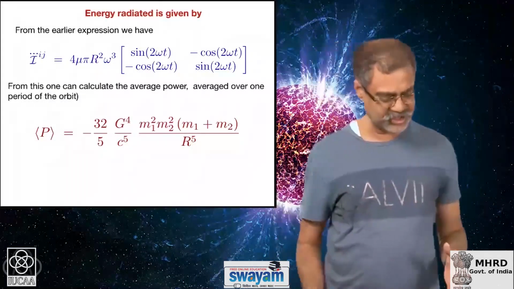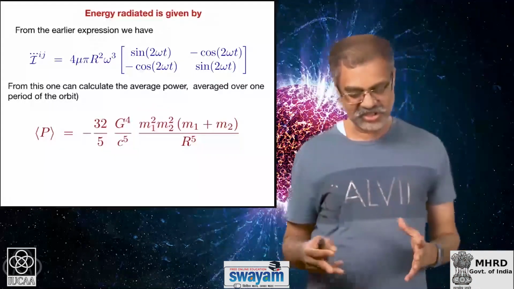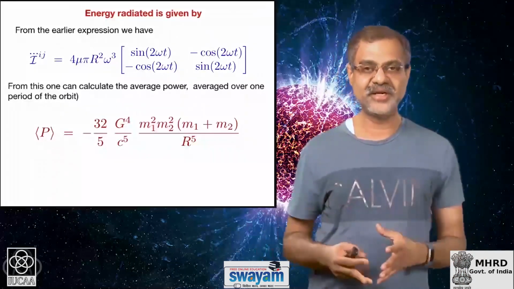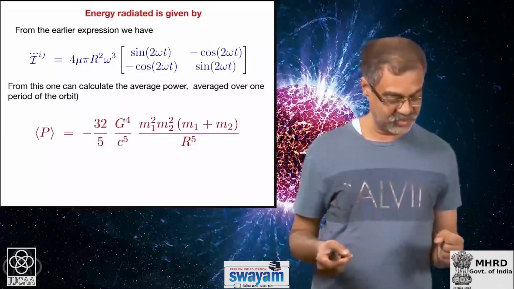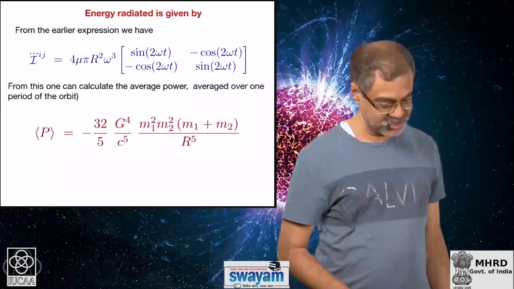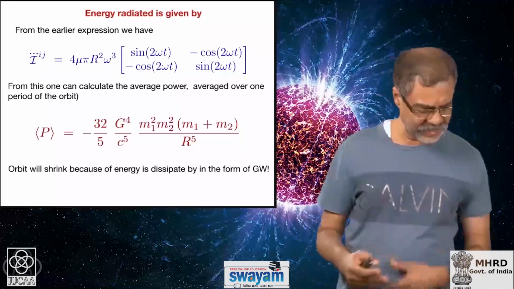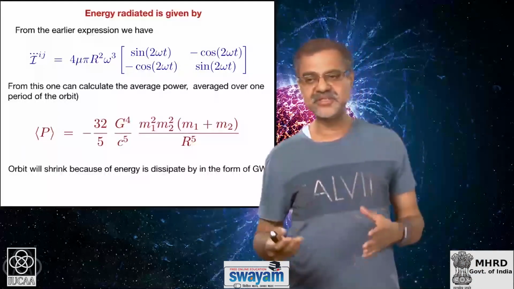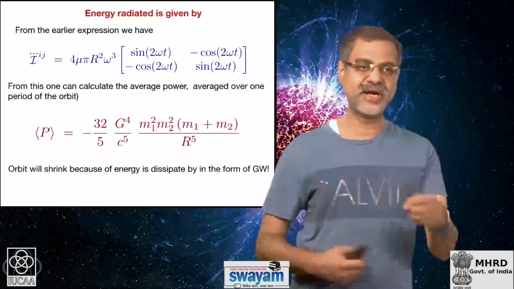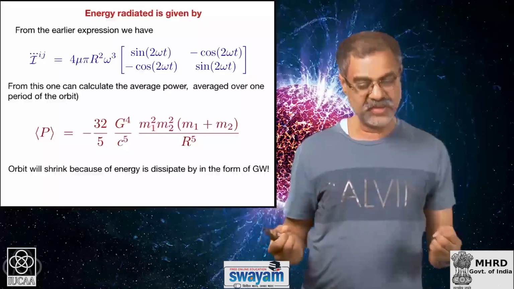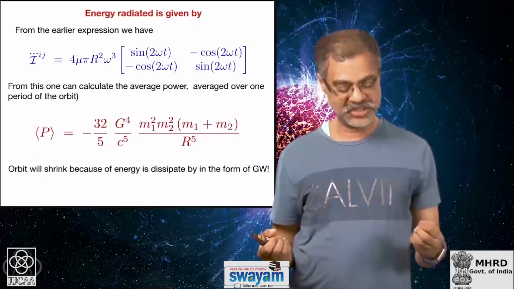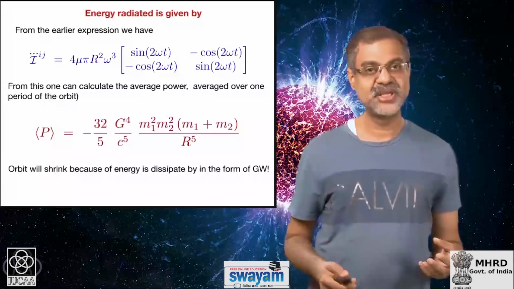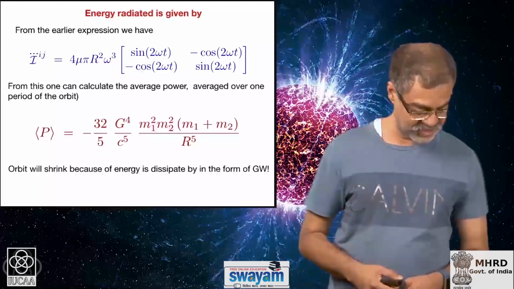This essentially tells you that the masses should be large and the radius of separation between them should be small. So, as the stars go around each other, they emit gravitational radiation and the power lost is given by this equation.